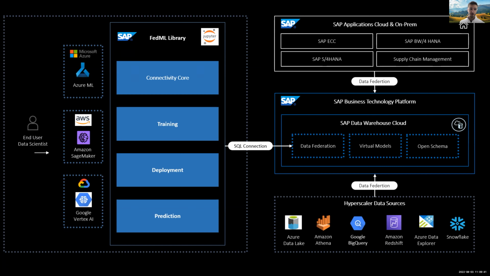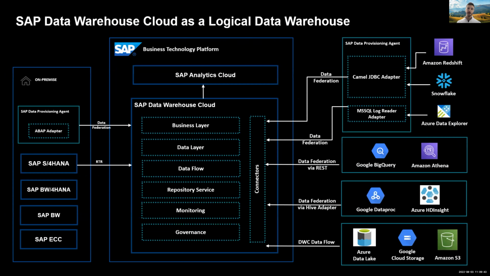If you want to go a layer deeper, this is what the architecture for Data Warehouse Cloud looks like. Basically, you're allowed to connect your hyperscaler services, hyperscaler data sets to the connectors of Data Warehouse Cloud and your SAP data.